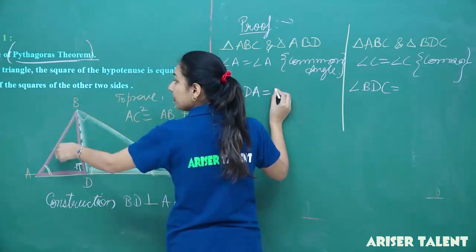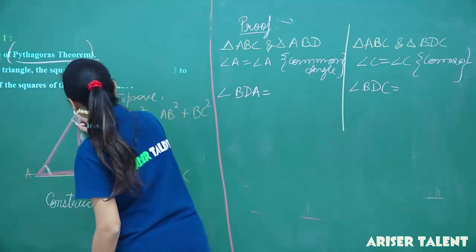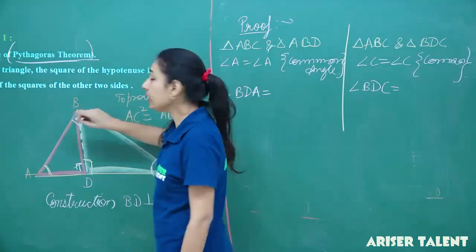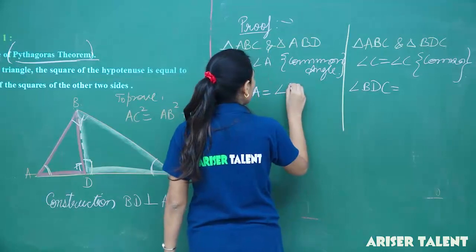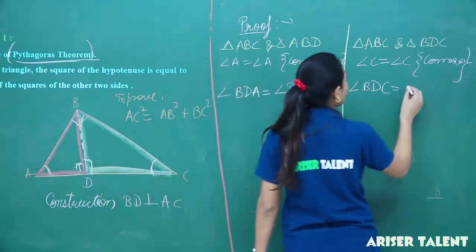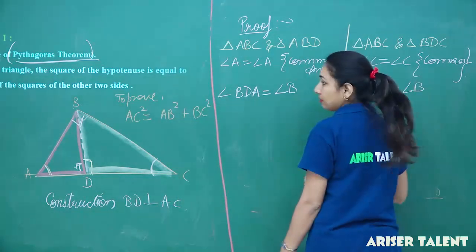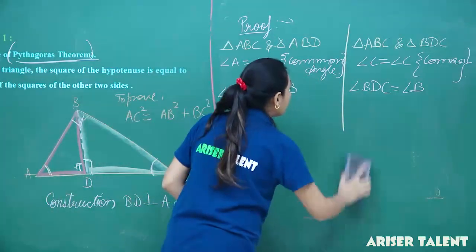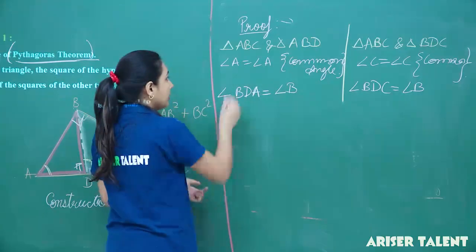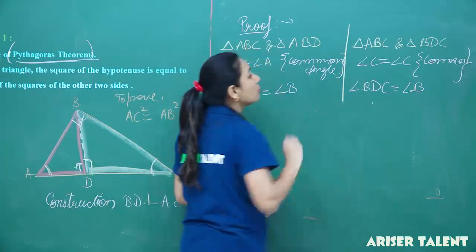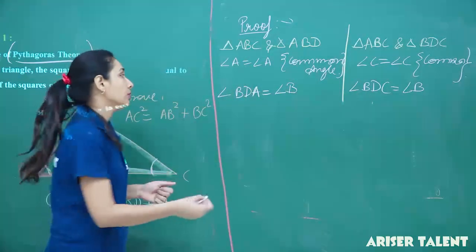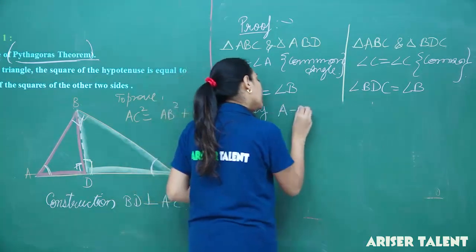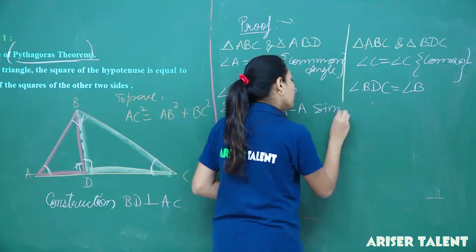Angle B is 90 degrees, because I have assumed that this right angle triangle has the right angle at B. So it is equal to angle B here, and here also it is equal to angle B. So my dear students, these two angles are similar here, these two angles are similar here. So by, say what? Angle similarity, right?